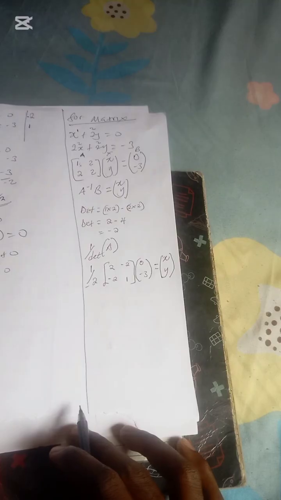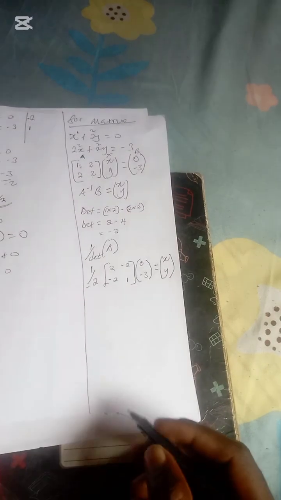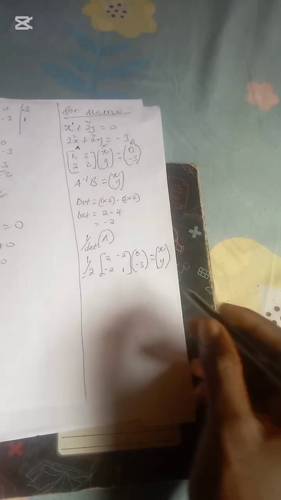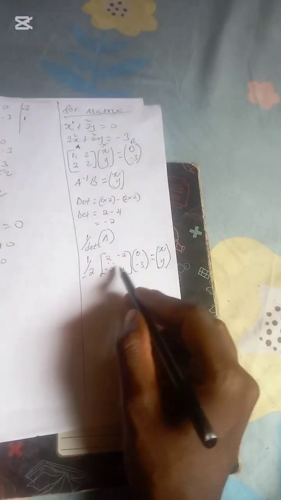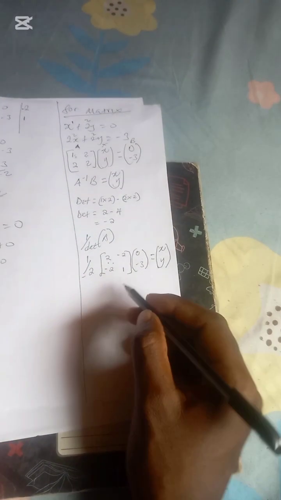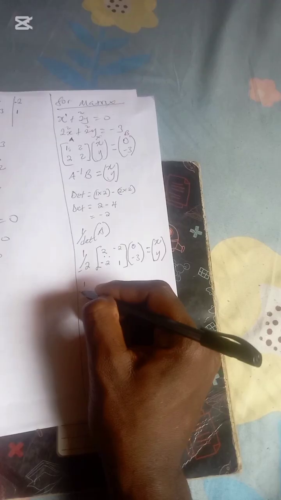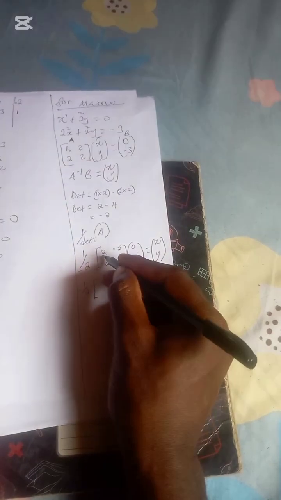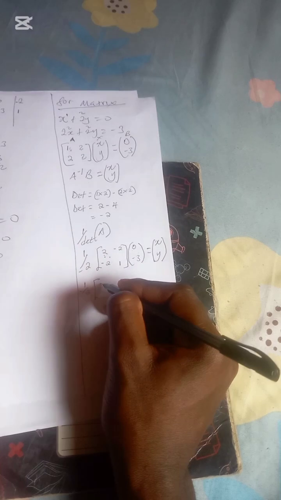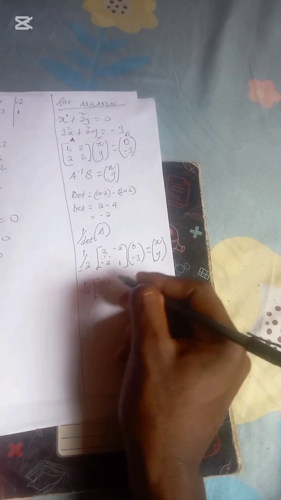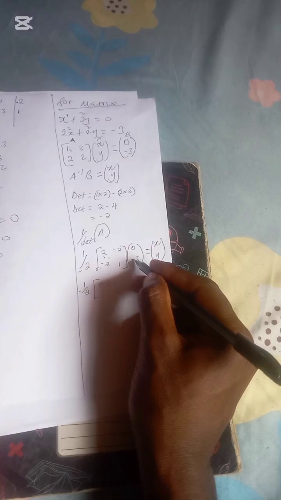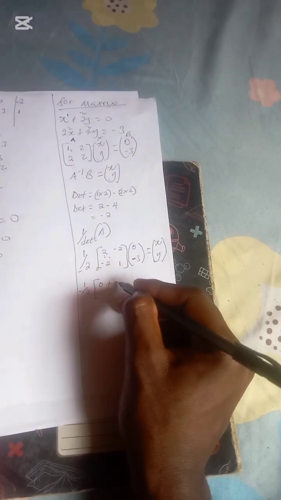Are we together there? Then we multiply row by column. So it will be 1 over negative 2, open bracket, then this times this is equal to 0 plus negative 2 times negative 3, which is 6.